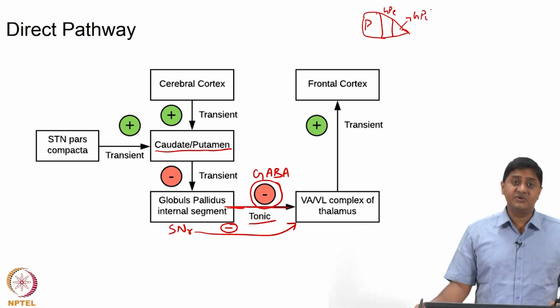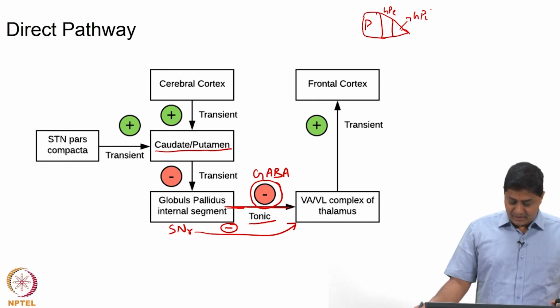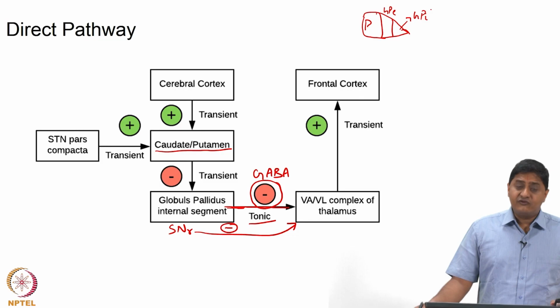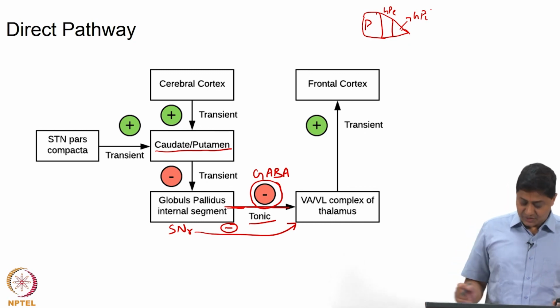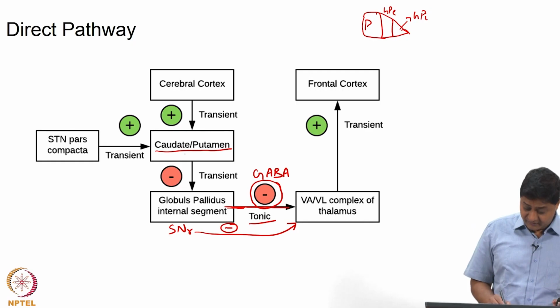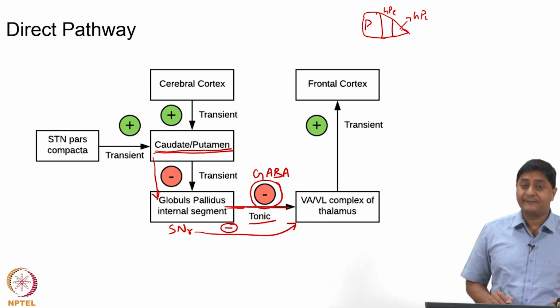Let us remember that GPE forms part of the intrinsic circuitry, GPI is the output structure, whereas the putamen is the input structure of the basal ganglia. The direct pathway involves projections from the striatum directly to the GPI. So, here you have direct projections from the caudate and putamen to the GPI.